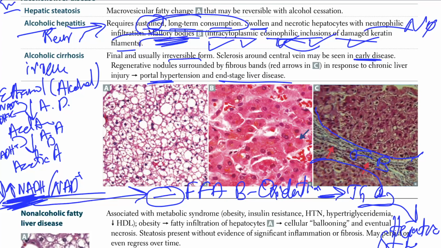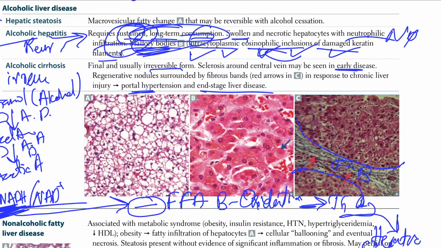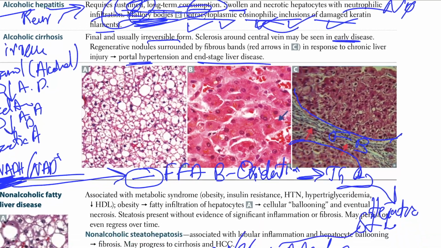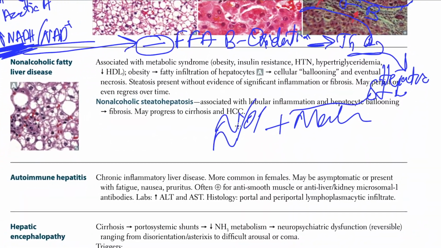And if you were to do this with sustained long-term consumption, beyond the hepatic steatosis you will also have neutrophilic infiltration with Mallory body formation and necrosis of hepatocytes, swollen and necrotic hepatocytes.